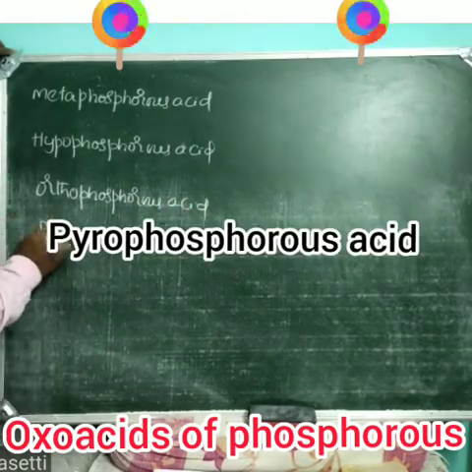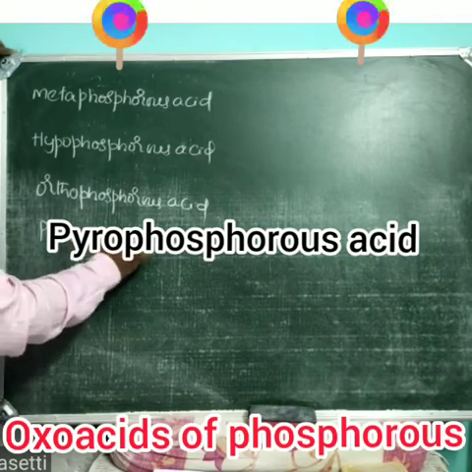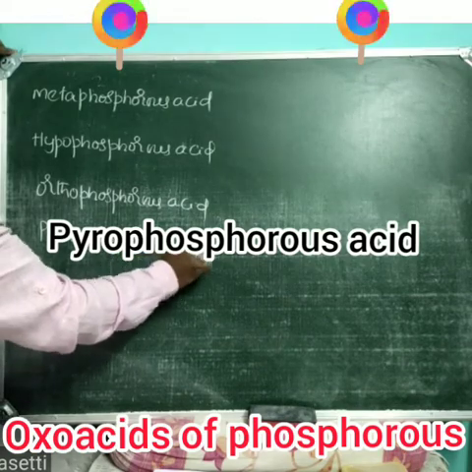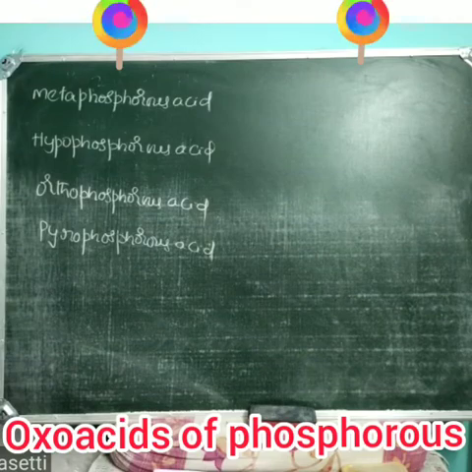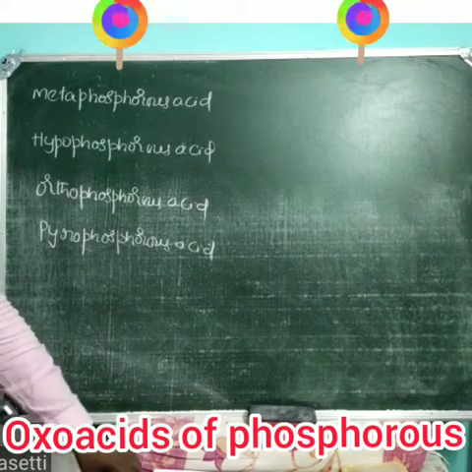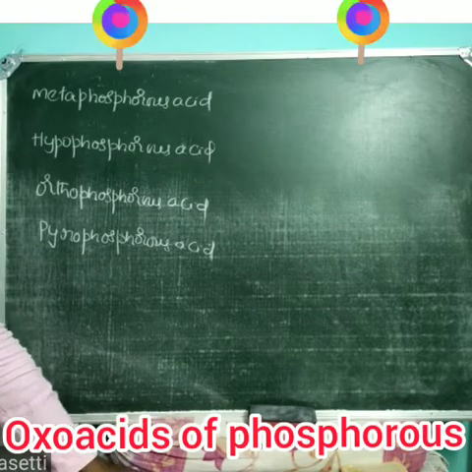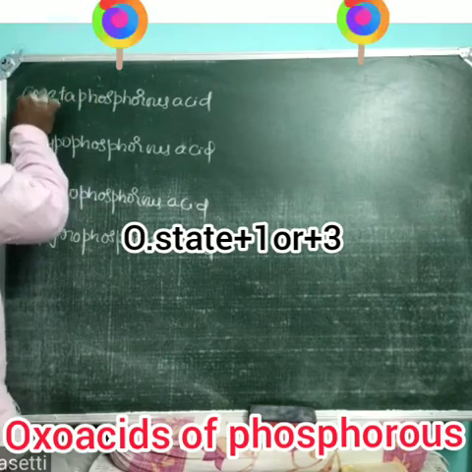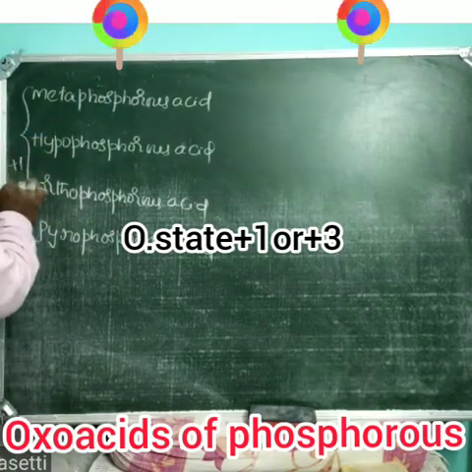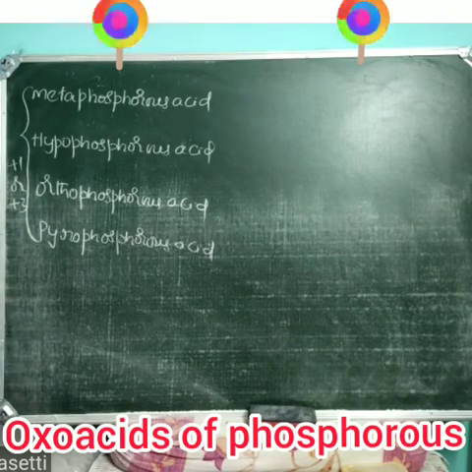After that, pyrophosphorus acid. All these are ous acids. Ous means their oxidation state is less, so the oxidation state here is either +1 or +3.